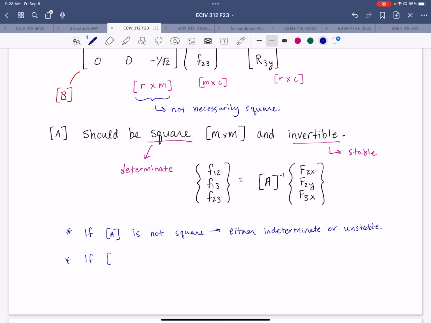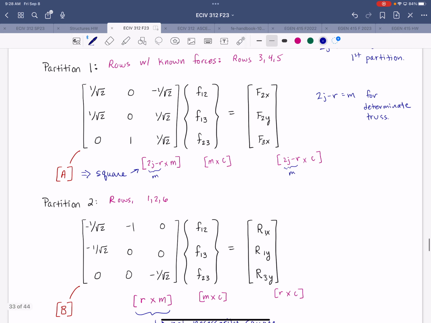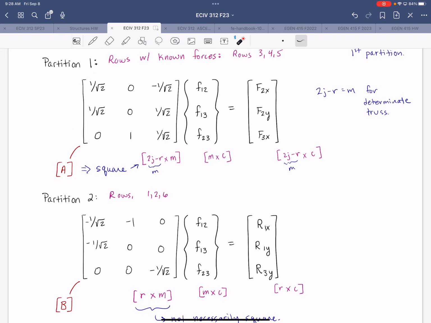And if it is square, but cannot be inverted, that means it's unstable. That's true for the first partition, right? So for the first partition of the coefficient matrix, yeah.